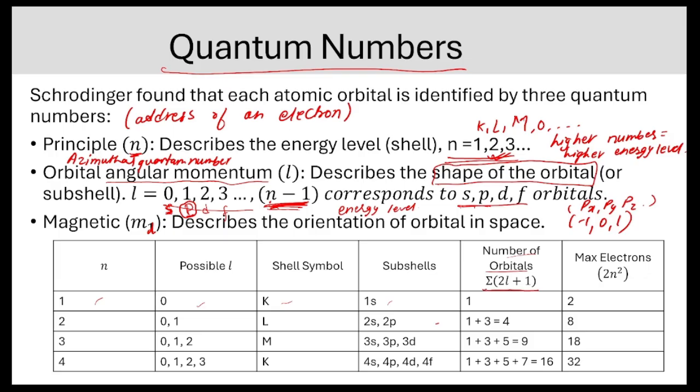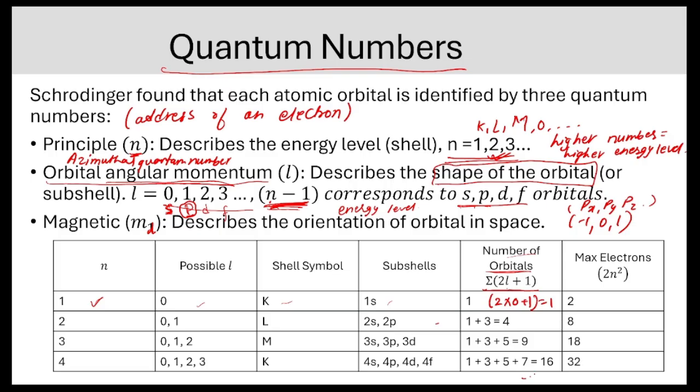This is the sum of 2 times L, the orbital angular quantum number, plus 1. So if we were to calculate the number of orbitals for energy level 1, this will be 2 times L, which is 0, plus 1, so this is 1, and so on.